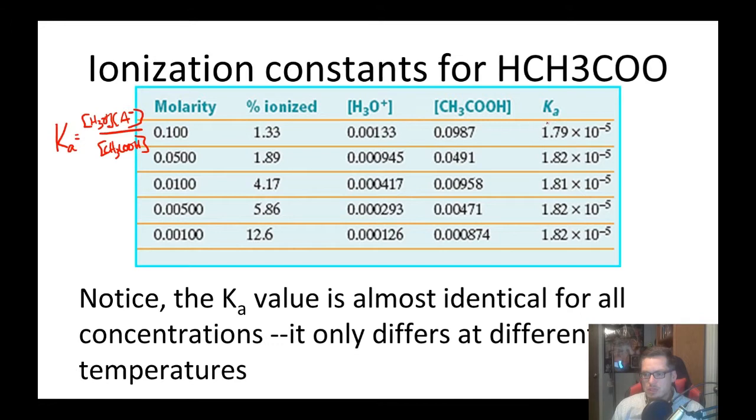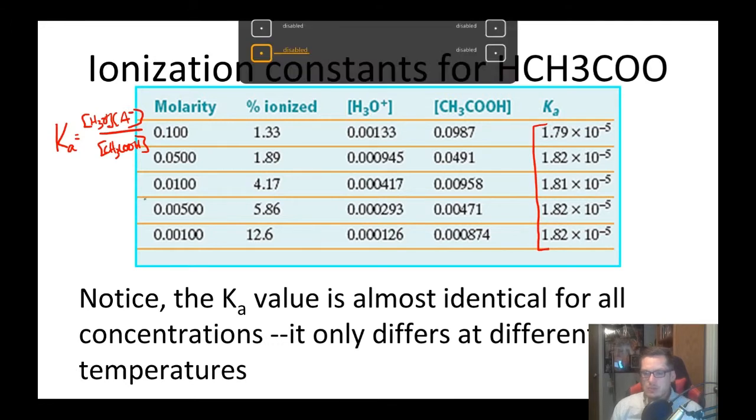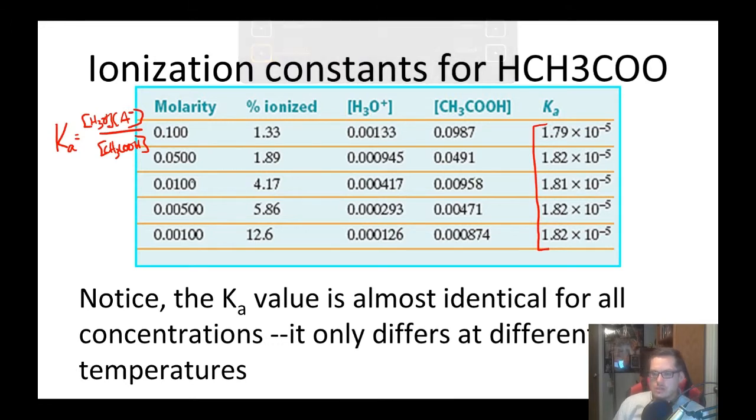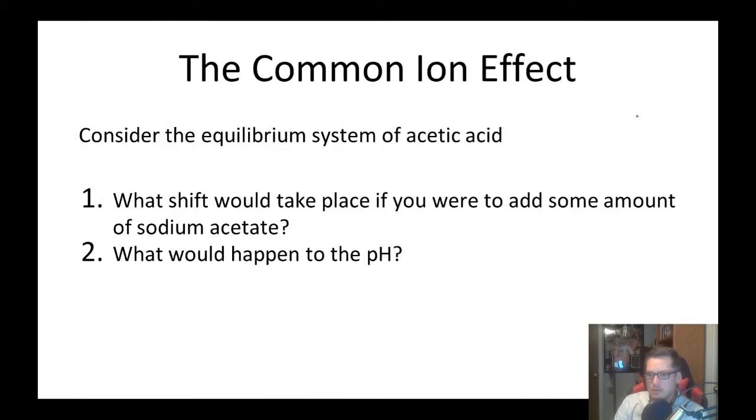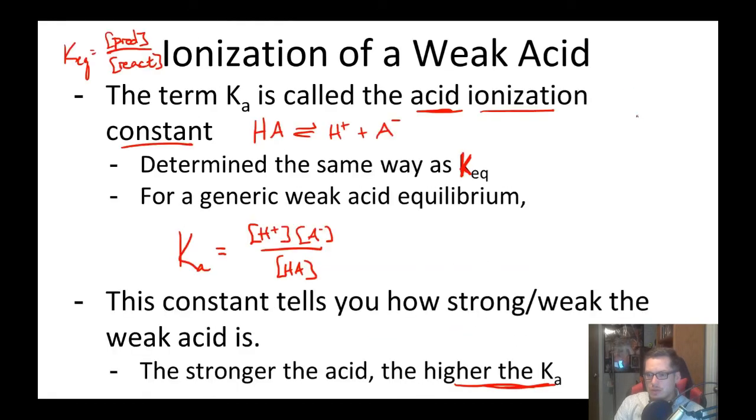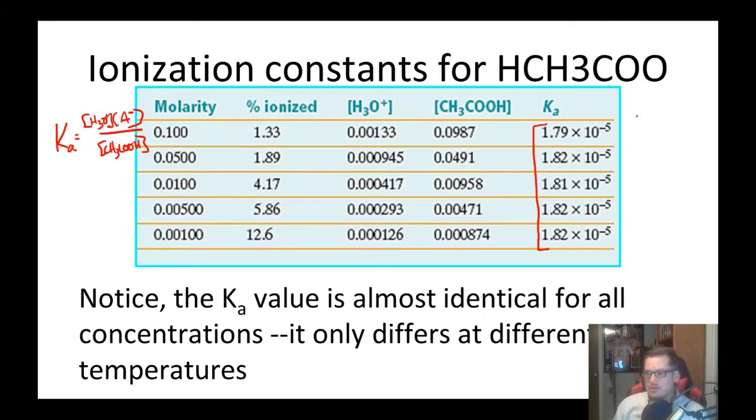It's pretty interesting that if you calculate your Ka values, it doesn't really matter what our initial concentration was. Our Ka value is still essentially the exact same. Notice that our Ka values are essentially the same all the way across: 1.79, 1.82, 1.81, 1.82, 1.82.